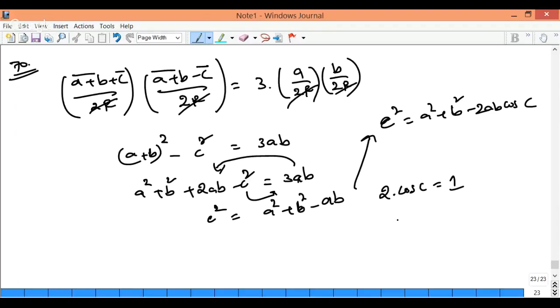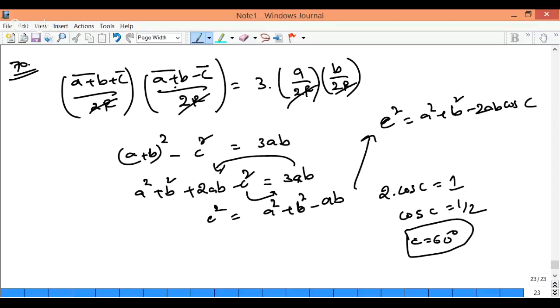From this we get cos C is equal to half, so C is equal to 60 degrees. Now if in the question it is given sin A minus sin B plus sin C, we'll get the minus sign here. Sin A plus sin B minus sin C, we'll get the minus sign here.